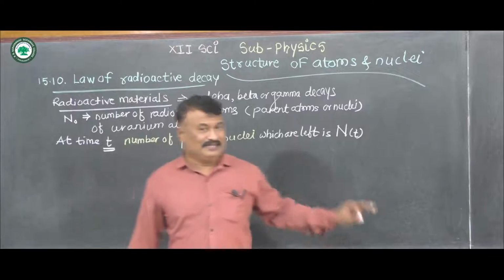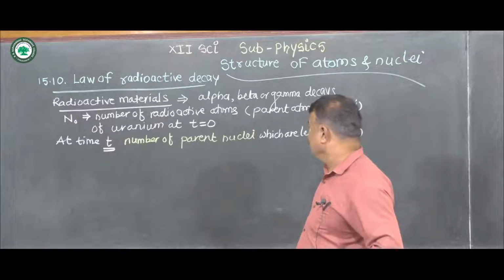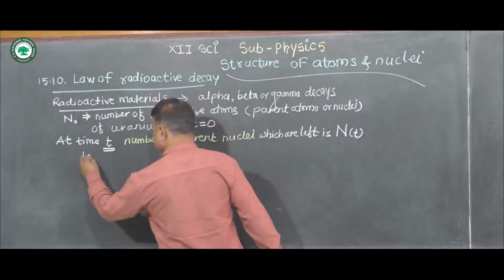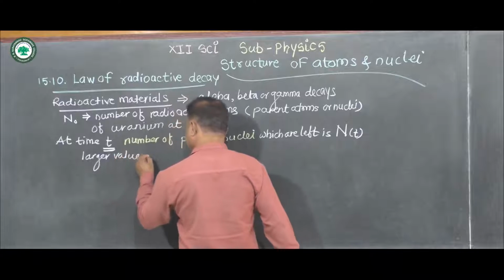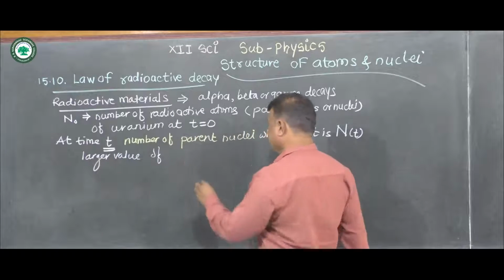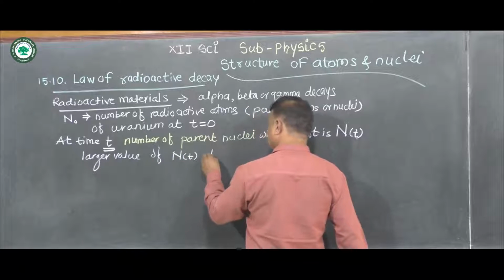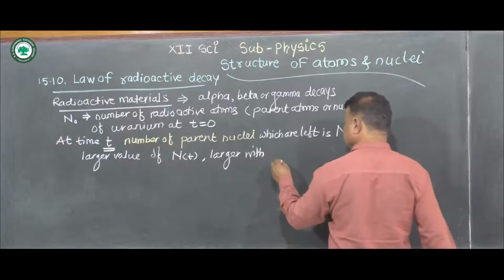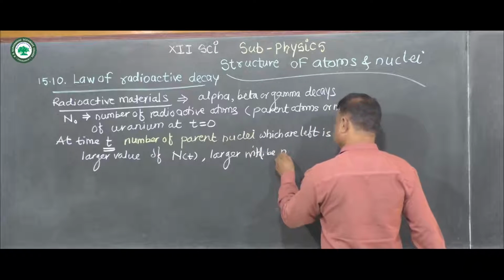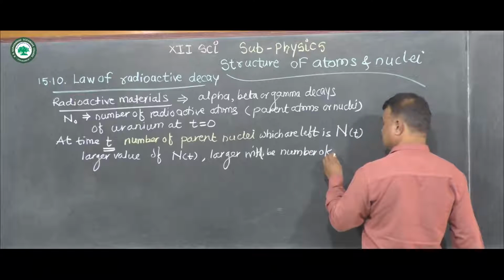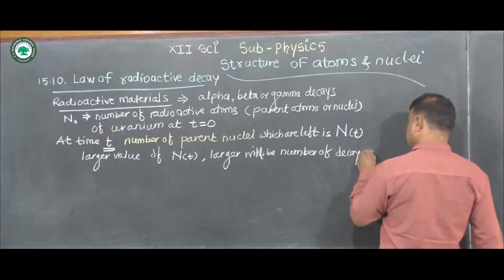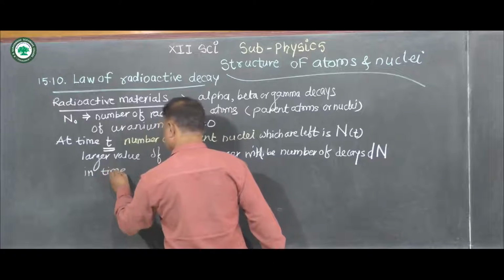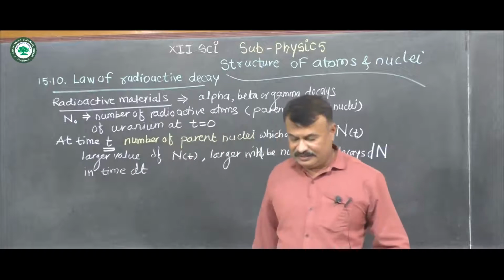Now this Nt depends upon the large number of decays, and therefore we can say that for larger value of Nt, larger will be the number of decays, which are shown by dN in time dt.